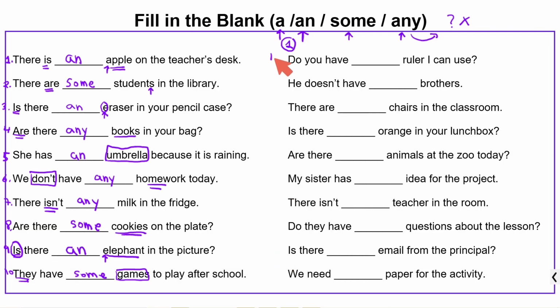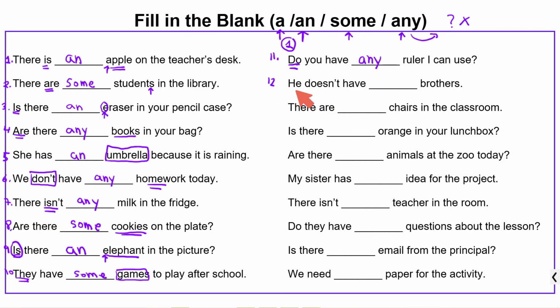Right, the next one, number 11. Do you have blank space ruler I can use? Our hint here will be "do" because we're asking a question and we use any for questions or negative questions. So our answer is, do you have any ruler I can use?